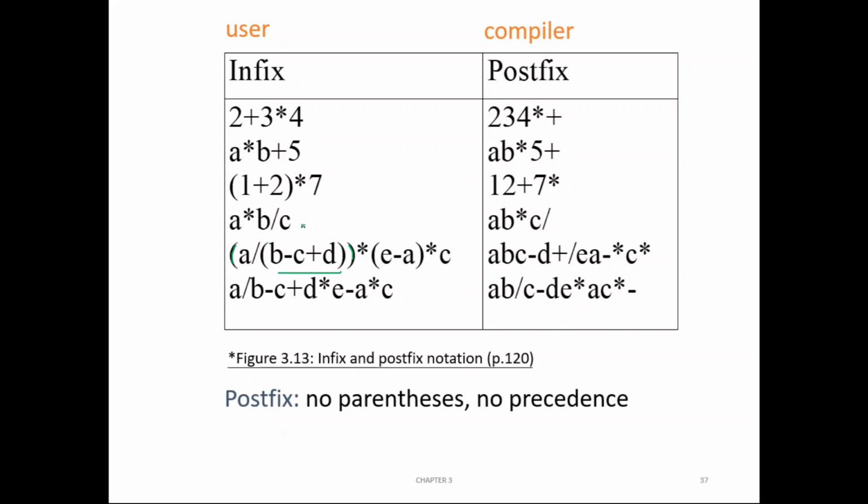That is sure. But again here there are two operators. Minus and plus have the same priority. So in which order should it execute? It should execute left to right. So it means that B minus C should be done first, and that result should be added with D.